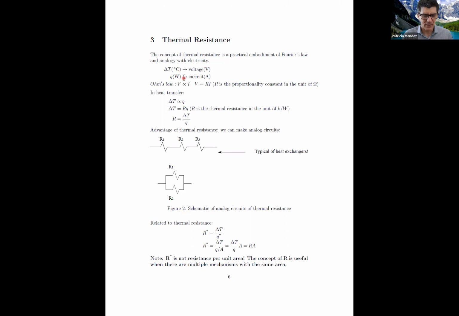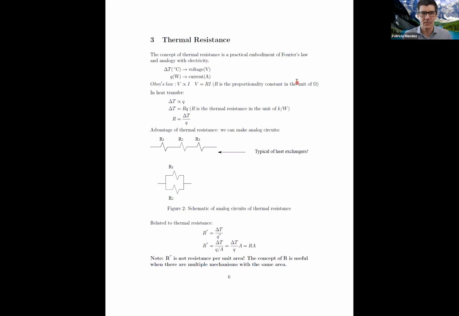And in electricity we have Ohm's law, which says voltage is proportional to current, and the constant of proportionality R is resistance. In electricity, it has units of ohms.